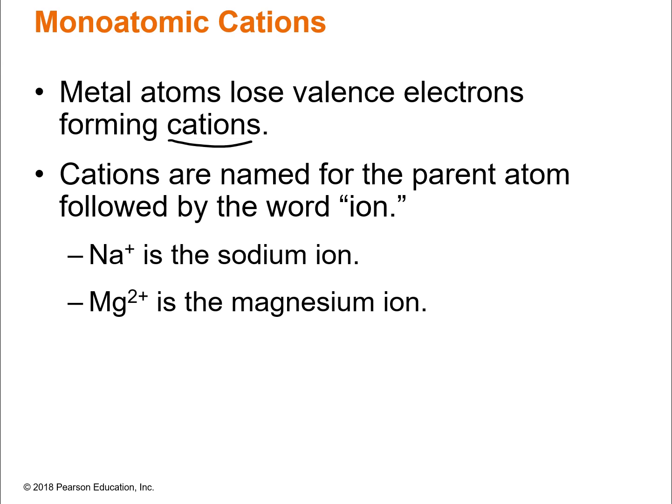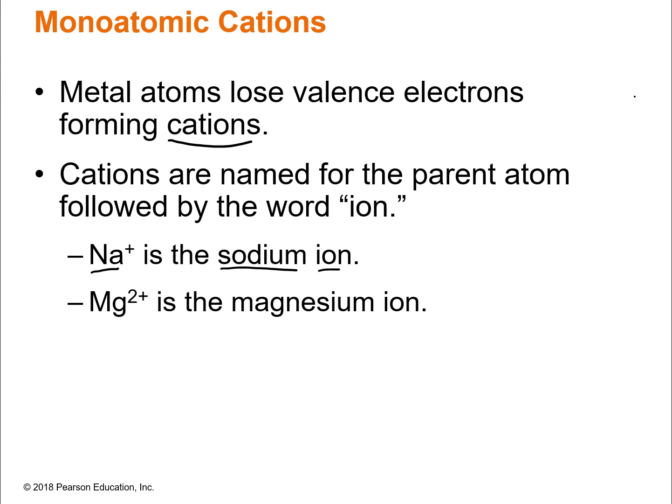When you're naming a cation, it's quite simple. You look at the symbol for the parent atom. So in this case, we're looking at Na, that's sodium. So you write sodium. Then you follow it with the word ion.